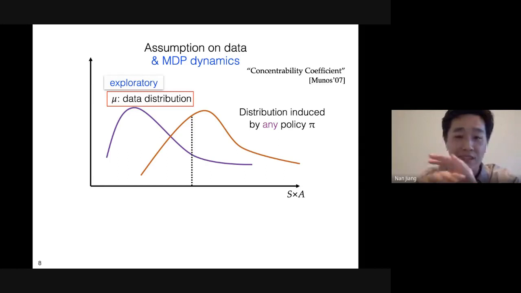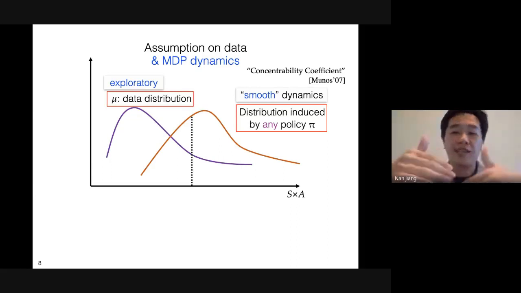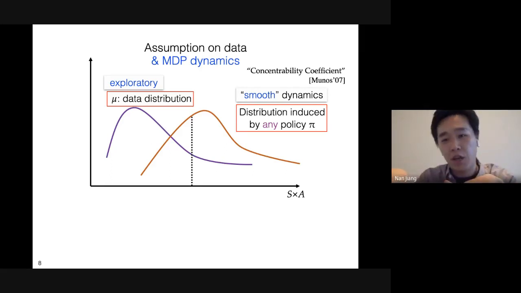Of course, it requires that the data be exploratory, but at the same time, it also requires that when we talk about the density ratio between these two distributions, we're not really talking about two distributions. Because on the right-hand side, we're talking about distribution induced by any policy pi that you might be interested in, right? And if you have a large policy class and your MDP has complicated dynamics, we're talking about a lot of different distributions over here, right?